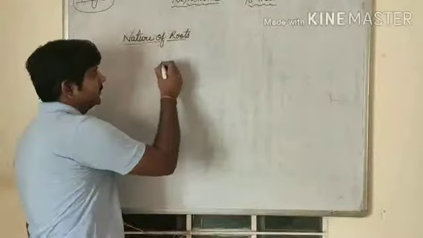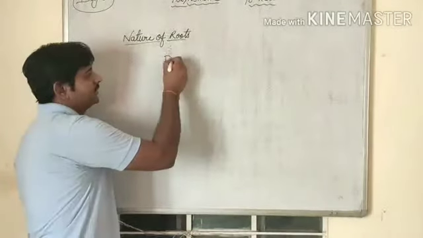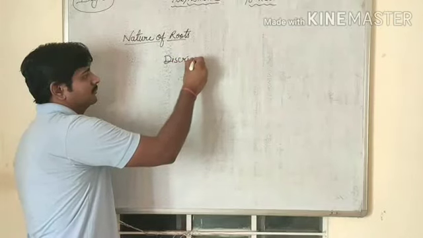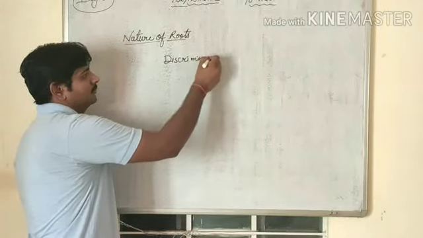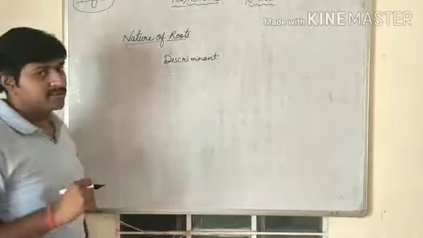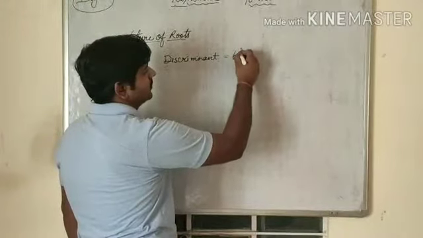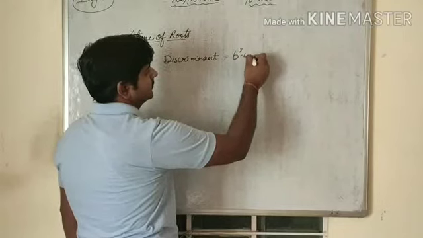First of all, we know about the discriminant. Its formula is b square minus 4ac.